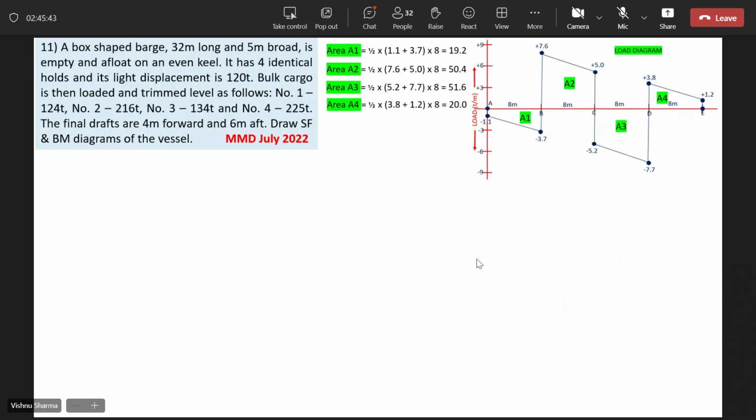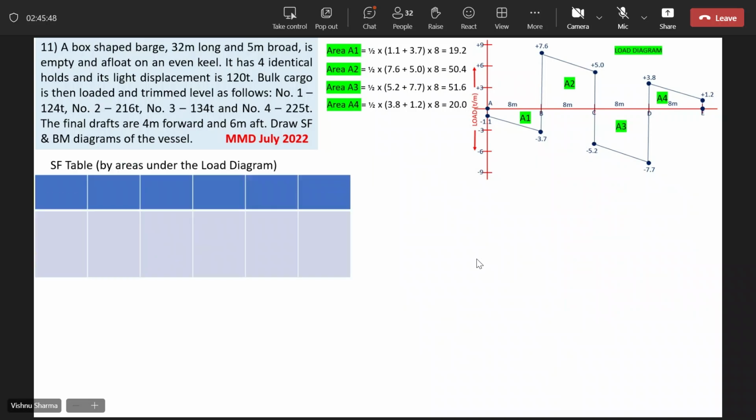Correct, sir. Okay. Now I'll make the SF table with area under the load diagram for 5 points. SF at A is 0. At B, I carry forward 0, and at B it is minus A1, that means minus 19.2. I carry forward minus 19.2 plus A2. A2 is 50.4. It becomes plus 31.2.